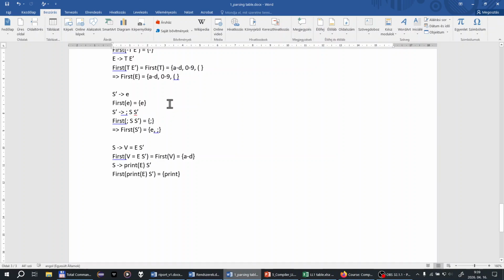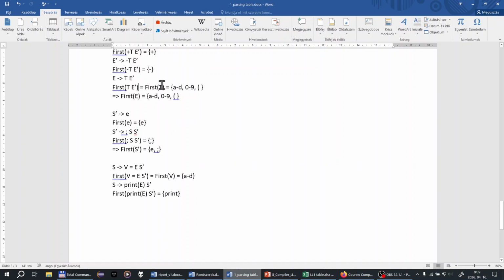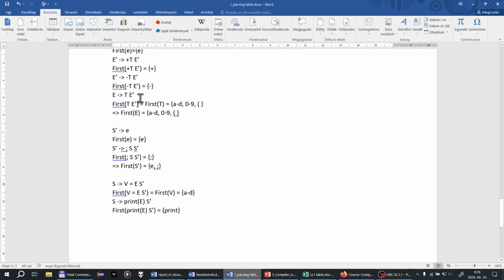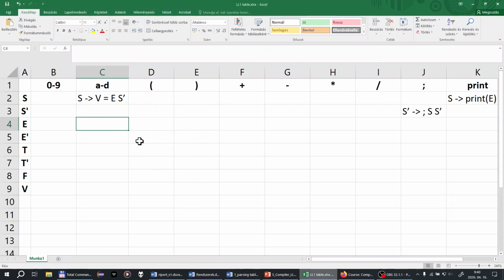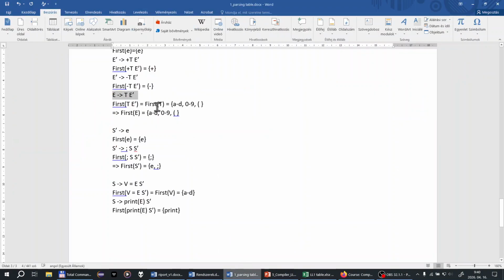Okay, let's go further. For the E, for all these symbols, A to D, 0 to 9, and the opening bracket, we have this rule: E to T E prime, for the digits, letters, and the opening bracket. We have no other rule here.